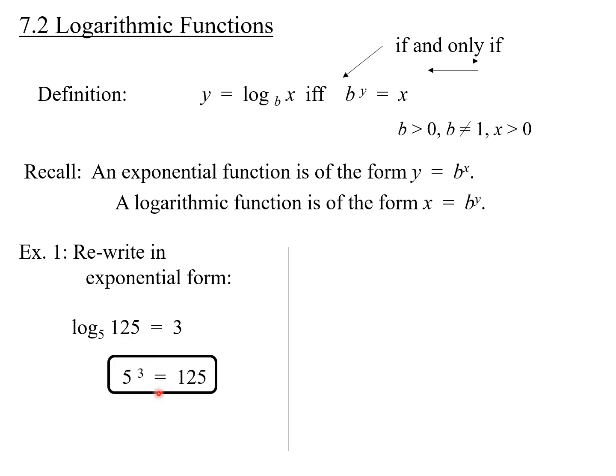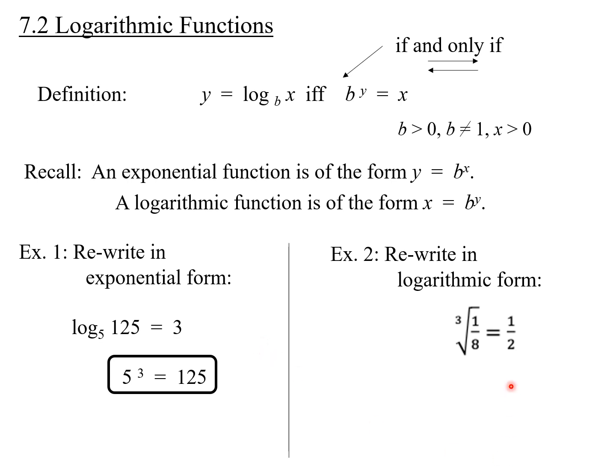So what this means is 5 to the third equals 125. If you think about it, 5 times 5 is 25, times 5 is 125. So we're taking the base to the exponent, and that is equal to this. So the log of 125 in base 5 is 3, the 3 being the exponent. A log is an exponent.